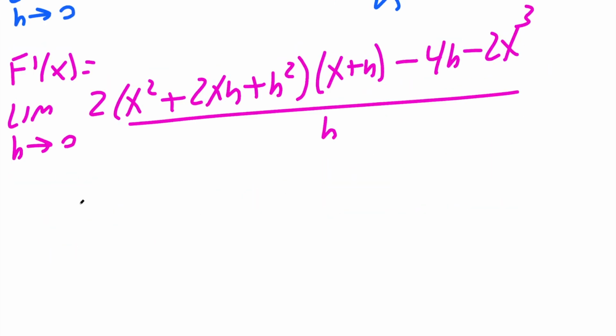So next we will expand again, so the derivative of f of x is equal to the limit as h approaches 0. So we're going to have to distribute these 2 pieces. We'll still keep our 2.